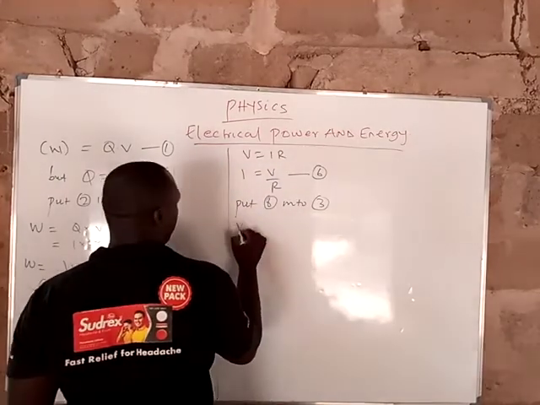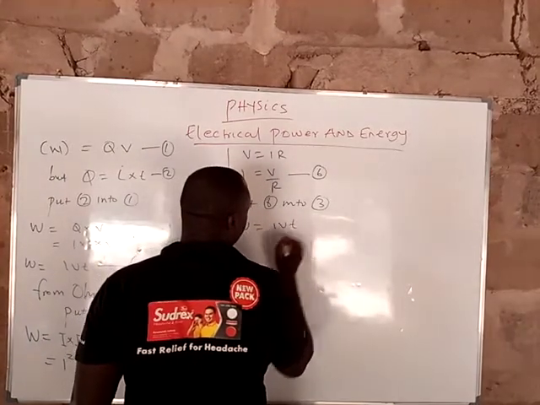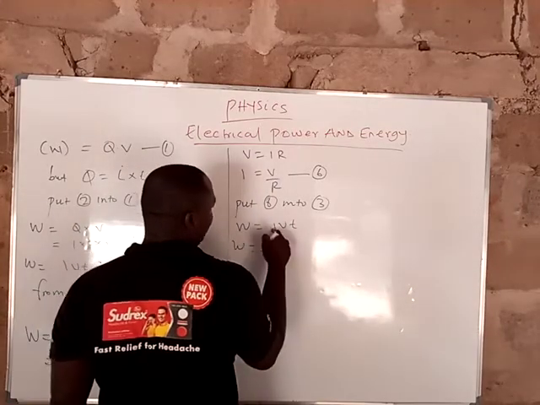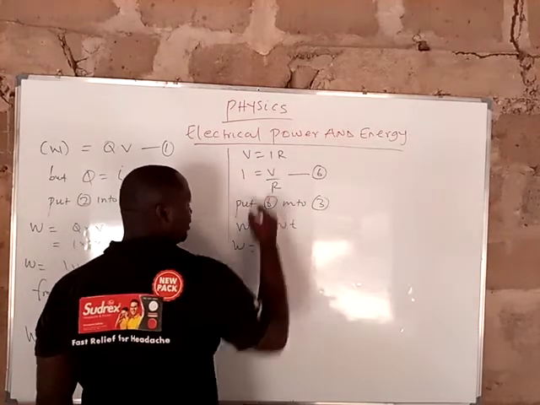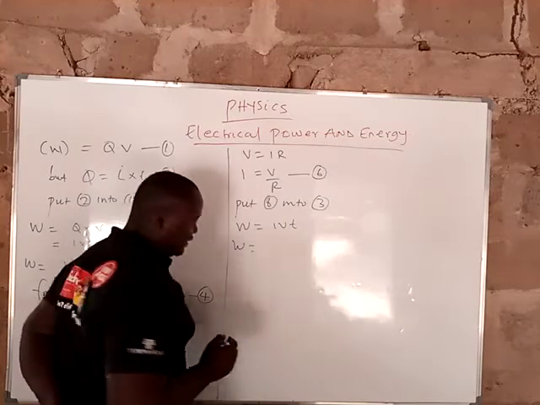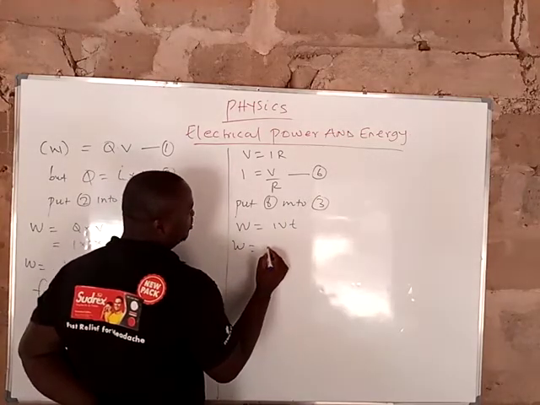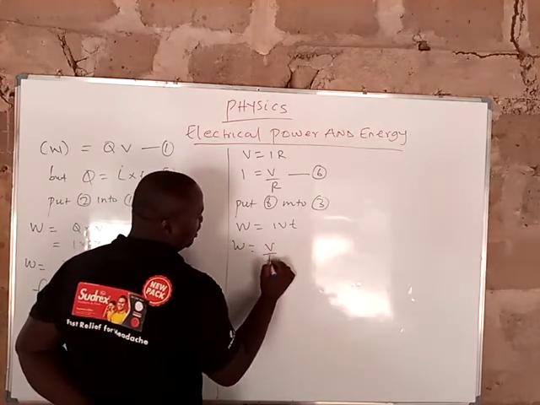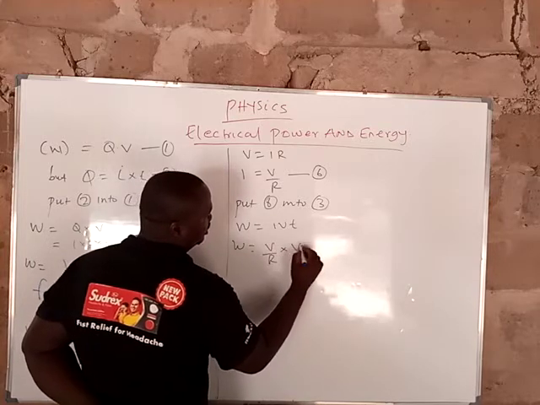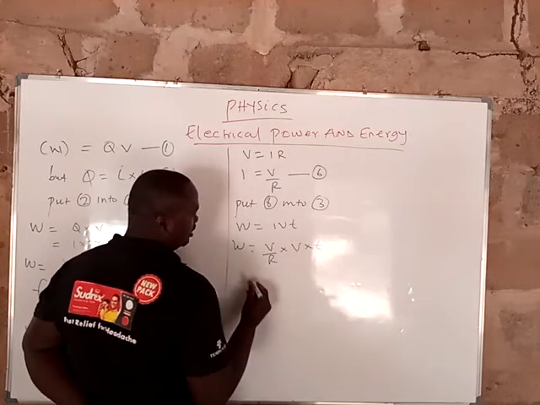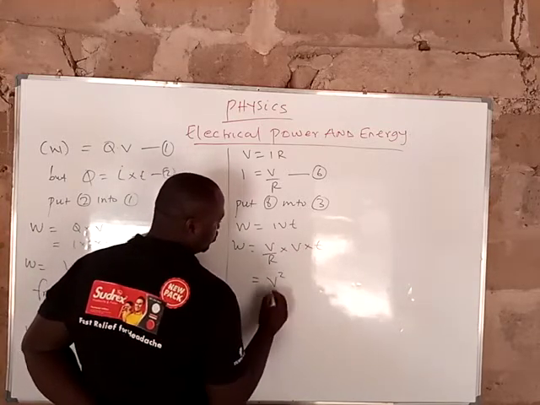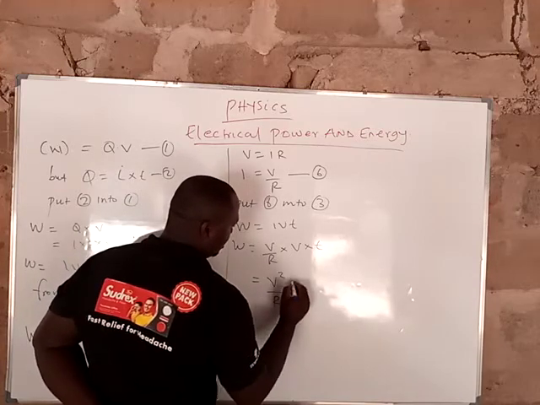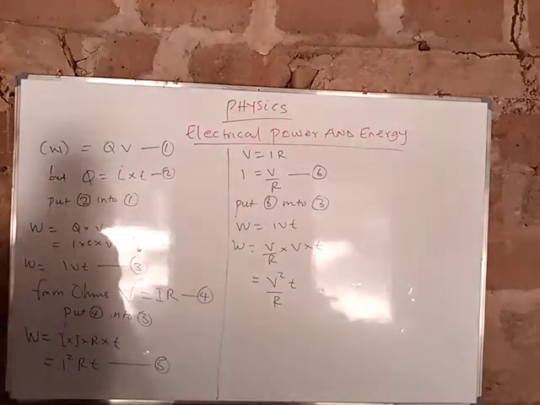Remember, equation 3 is IVT. So wherever I see I, I'll replace it and put V all over R. So this will give me V all over R times V times T. And this will give me V square all over RT. Are you seeing it?